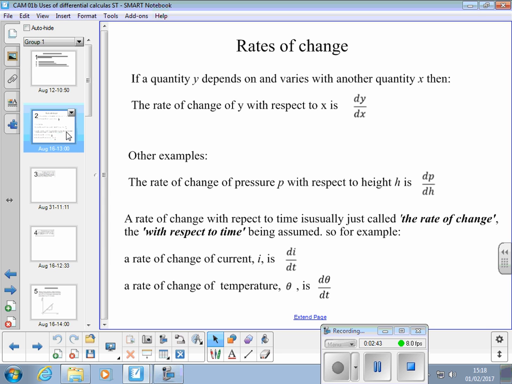The rate of change with respect to time is usually just called the rate of change. With respect to time is assumed when we're looking at rates of change problems. So for example, rate of change of current I is di by dt, rate of change of temperature theta is d theta by dt, and so on.